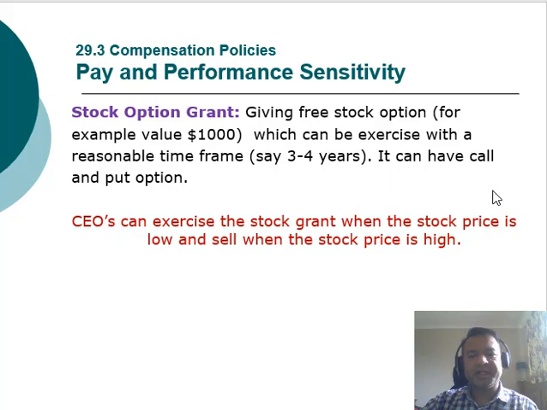However, the CEO can exercise the stock grant when the stock price is low and sell when the stock price is high. This is one of the main reasons for granting stock options to CEOs. It is a very common type of instrument given to CEOs, which is also practiced in Australia.